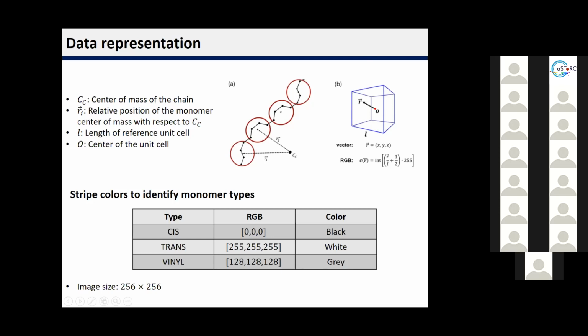To perform the XYZ to RGB coordinates transformation, we place the vectors inside the reference unit cell and then utilize this equation here to perform the transformation, where L is the length of the unit cell and O the center of the cell.